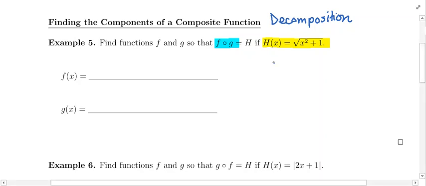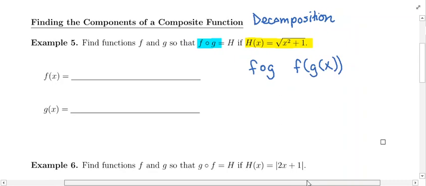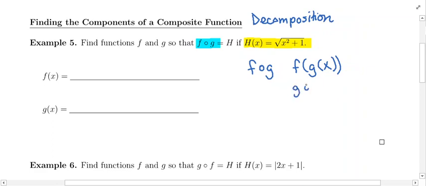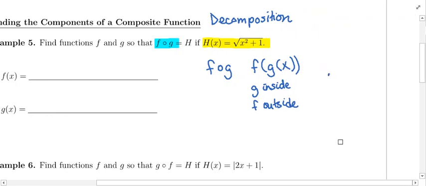Pay attention to the order. We're doing f of g, so this is f of g of x. When you look at it this way, you can see that g is the inside function and f is the outside function. The composite function is the square root of x squared plus 1.